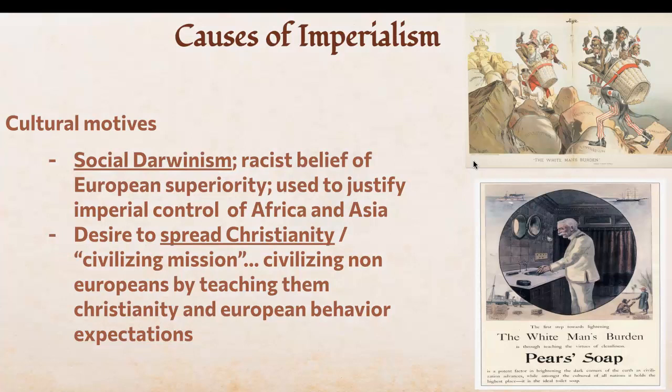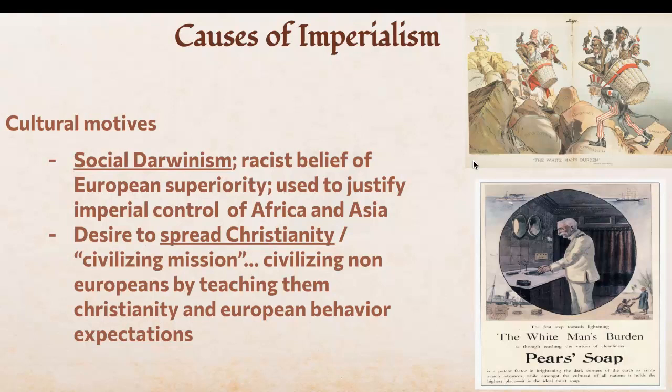And then lastly, for causes is going to be cultural motives. The first one being social Darwinism. This comes from the distorted, which means kind of changed, theory of Darwinism, which comes from biology, the idea of evolution coming from Charles Darwin.